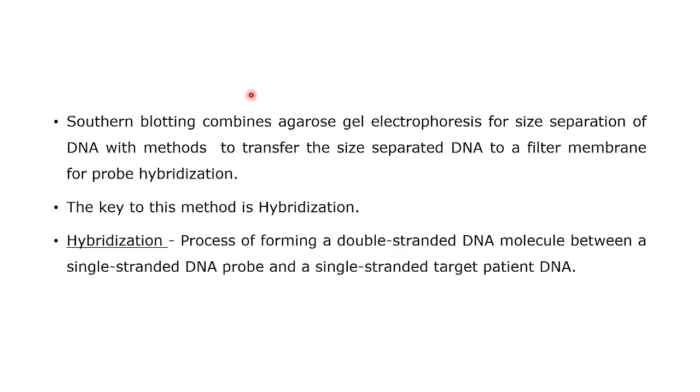The key to this method is hybridization. So what is hybridization? Hybridization is a process of forming a double-stranded DNA molecule between a single-stranded DNA probe and a single-stranded target DNA.